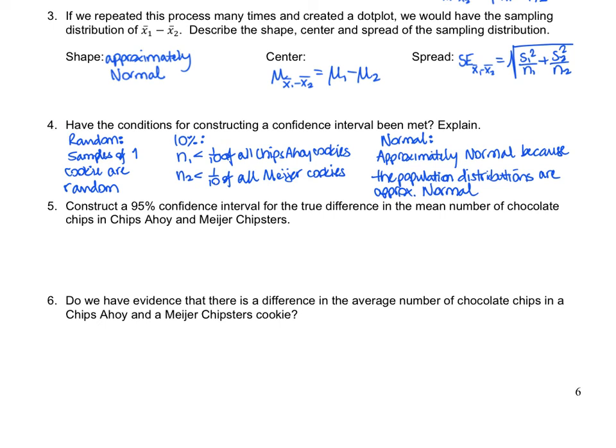So this is going to look just like what we've been doing for proportions, where we have our point estimate plus or minus the margin of error.